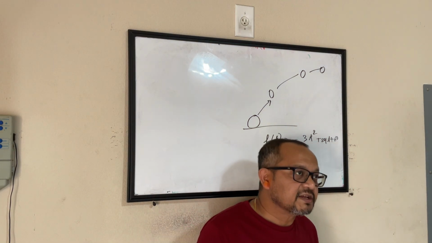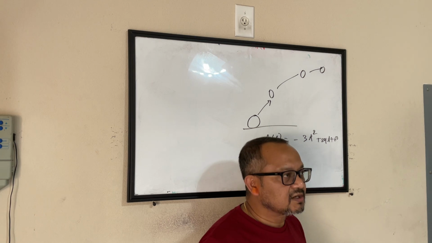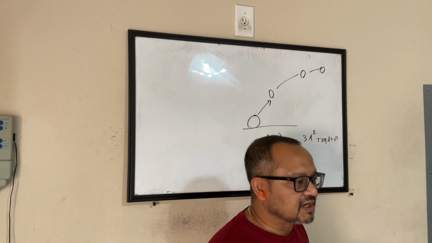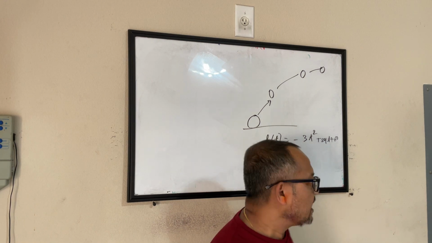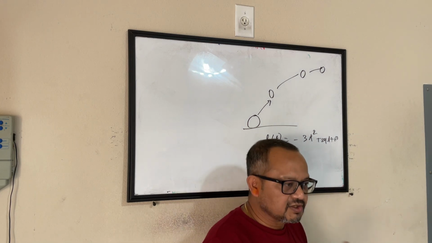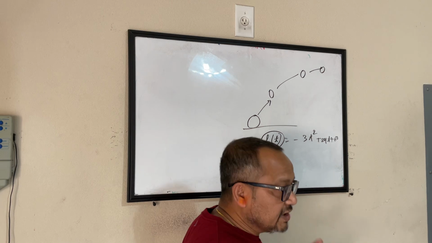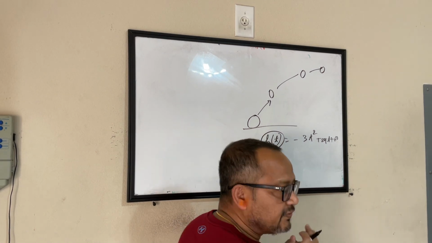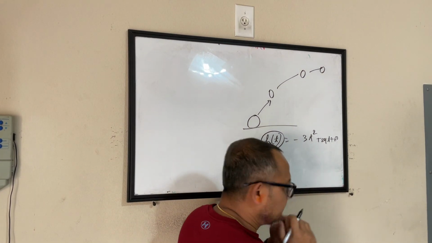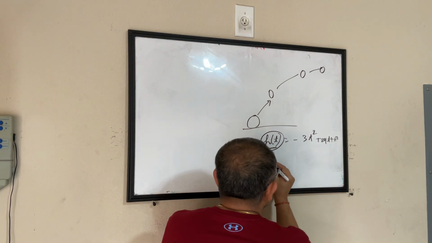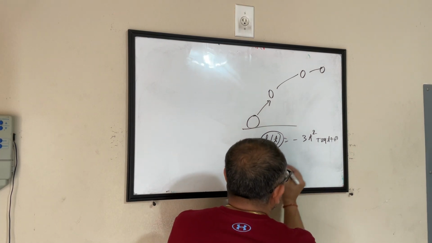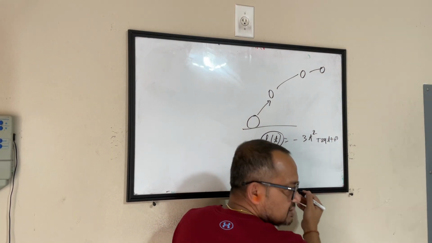Now the question says, after how many minutes the helicopter will touch the ground again, right? And when you touch the ground, what does it mean? Meaning the height will become 0. So we have to figure out when height becomes 0, and we still don't know how many minutes.